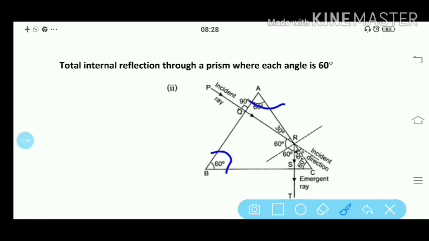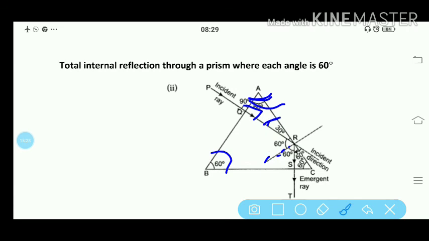In this triangle, this angle is 90 degrees, this angle is 60 degrees, so this angle will be 30. Since this is our normal, this 30 means this angle will be 60 degrees. This is our angle of incidence, which is 60 degrees, more than the critical angle. Hence we have total internal reflection in this prism.